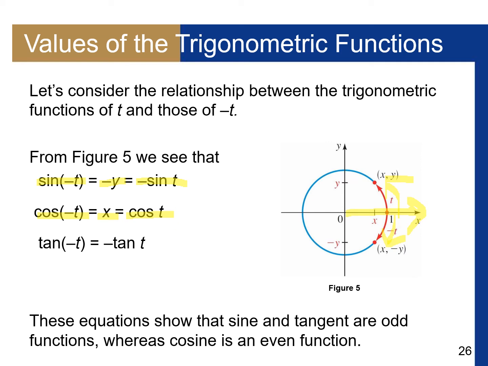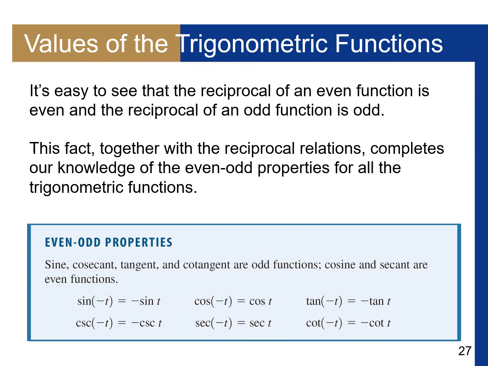Whenever you have the value come out negative, that means that they are then odd functions. So my sine and my tangent are odd functions, whereas my cosine is an even function. So the reciprocal of an even function is going to be an even function, and the reciprocal of an odd function is going to be an odd function.